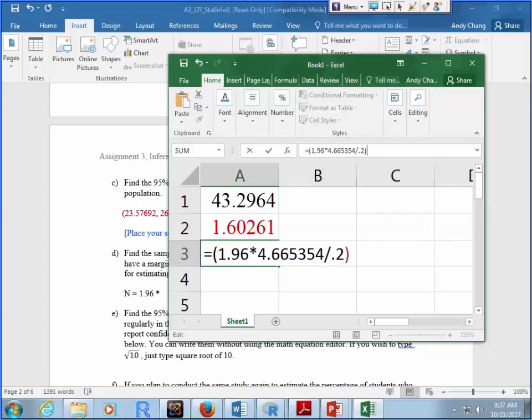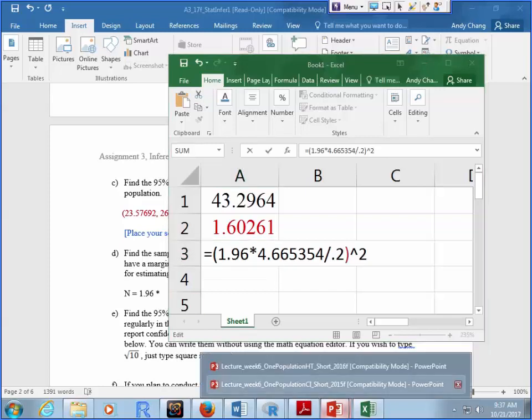Dr. Chang? Yes? Can you explain why you used 1.96? Okay. Because this is about a 95% confidence interval, right? The confidence level in my lecture is 1 minus alpha, okay?